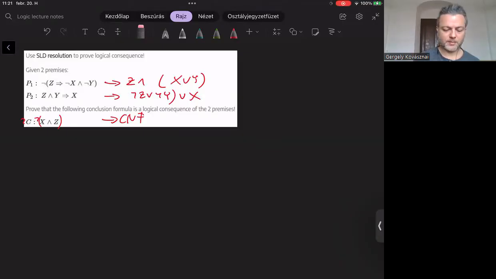Therefore, this pair of parentheses can be eliminated. So basically, we get one single clause inside this CNF. Finally, let's translate the negated conclusion into CNF. This is easy: not X or not Z.